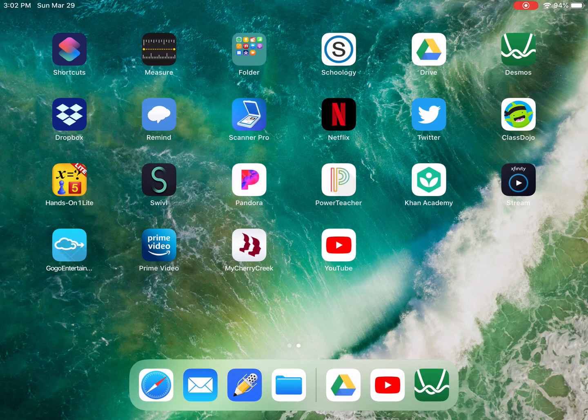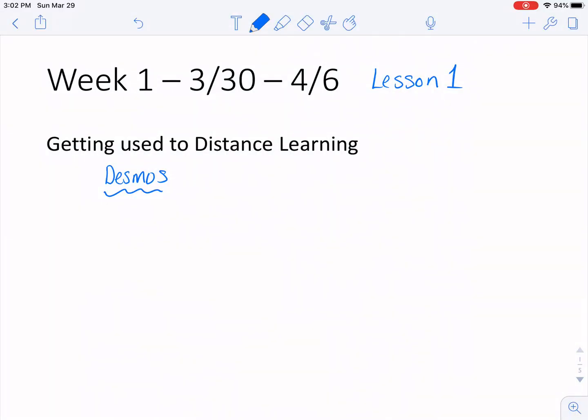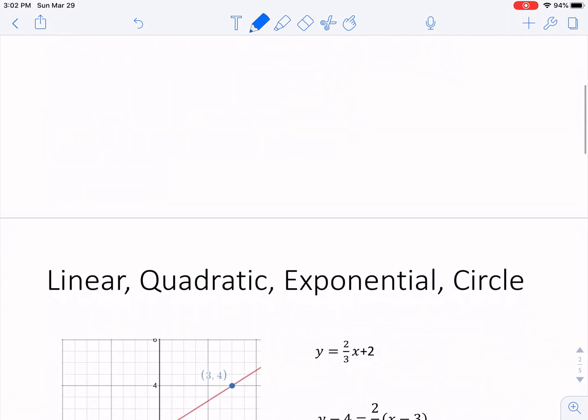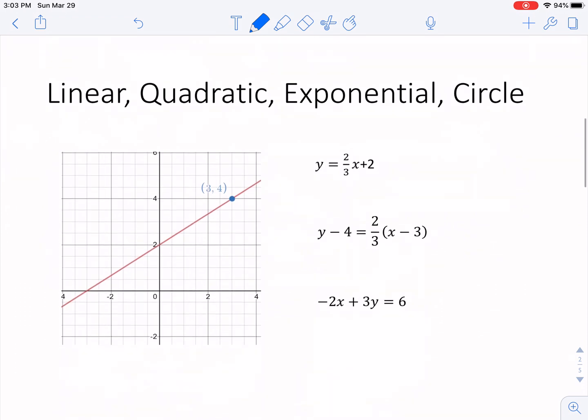So, Desmos is going to be part of that distance learning piece, and for today's lesson, all I want to do is walk you through and review linear, quadratic, exponential, and circle functions. This first one is an example of your linear function, a straight line.